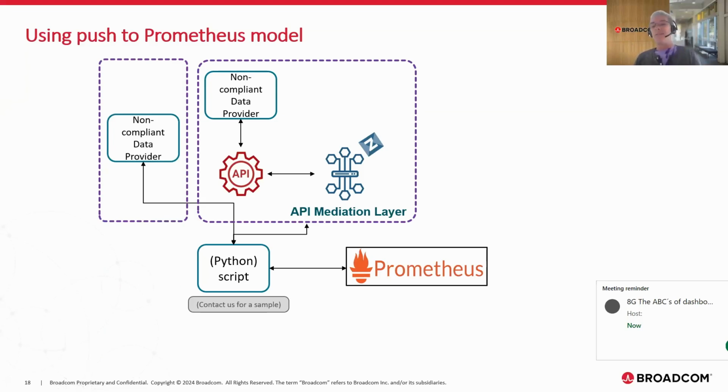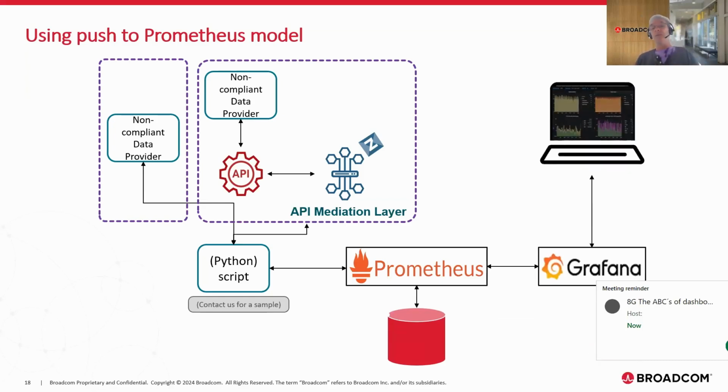So once I'm in the Python script, every piece of data that's accessible from that Python script, I don't care where it comes from, that can also be used as a data source to feed Prometheus. From that point onwards, it's the same story. Prometheus stores the data in the data store, and we use Grafana to create the nice visualization.